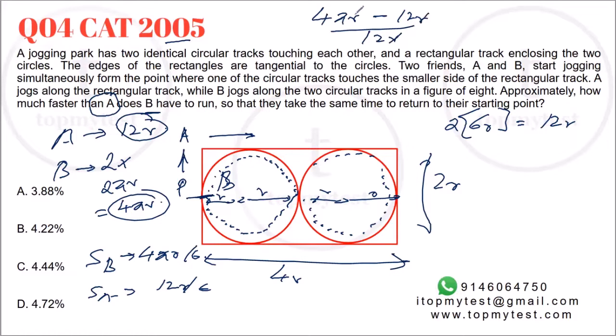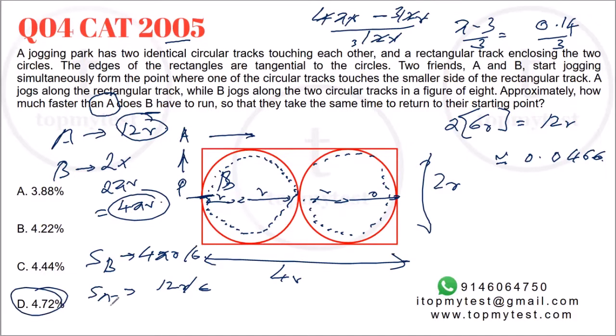So r goes out, 4 goes out. So this will be 3. This is pi minus 3 divided by 3. Pi is 3.14. So 0.14 divided by 3. That value will be approximately 0.046 something. The closest value is option D. So job done.